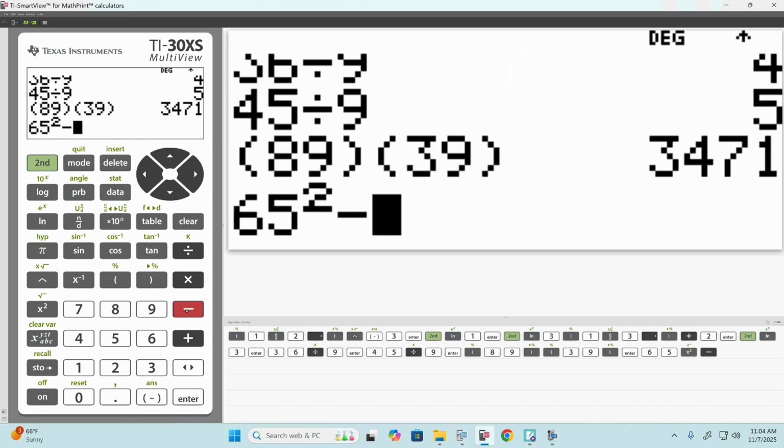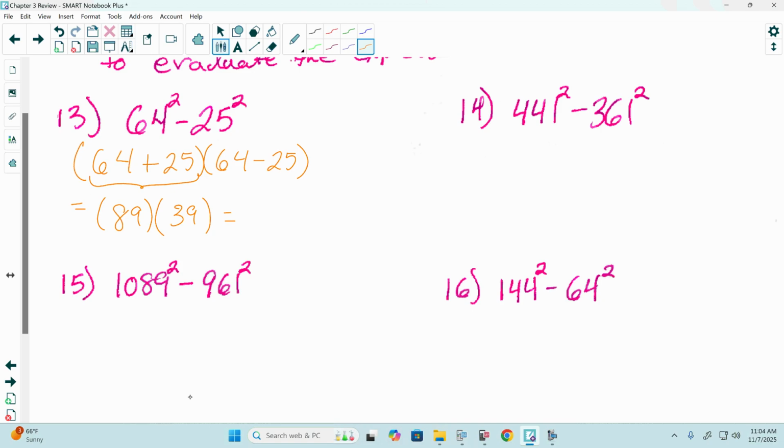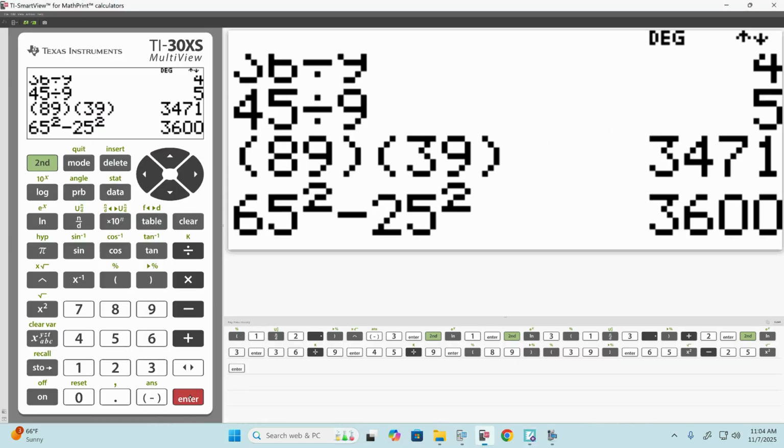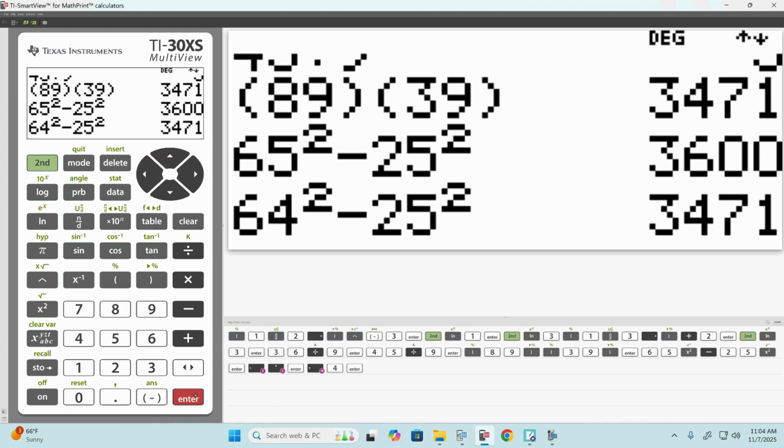So what were we calculating? 64 squared minus 25 squared. That'll make a bit of a difference. Well, 64 squared minus 25 squared, according to the calculator, is 3,471, yes?